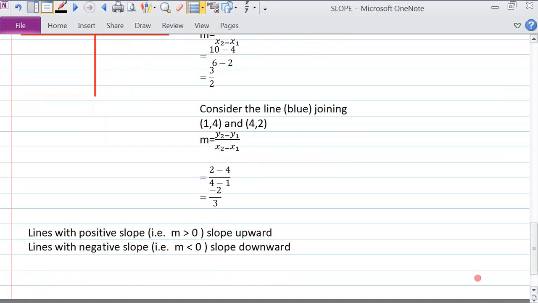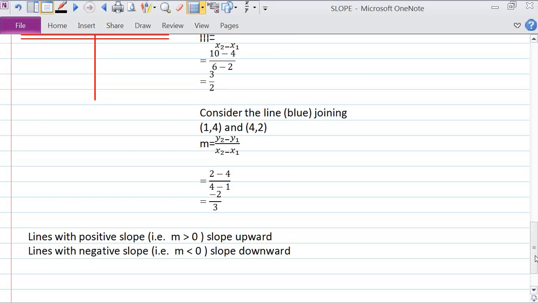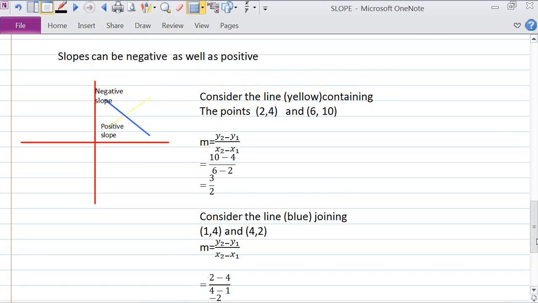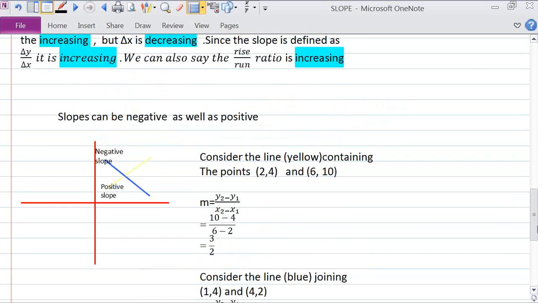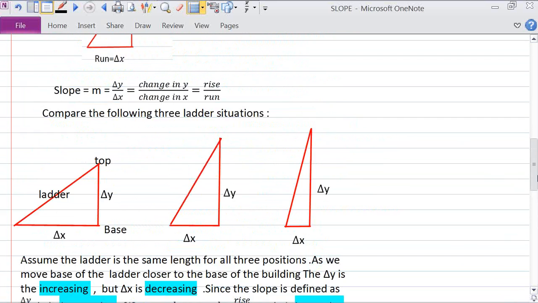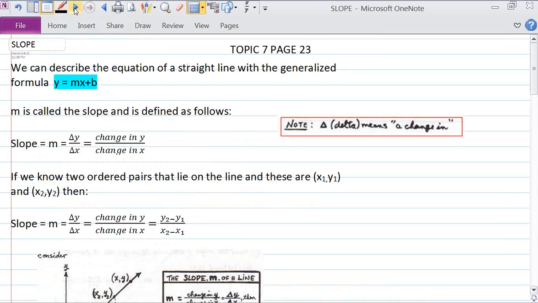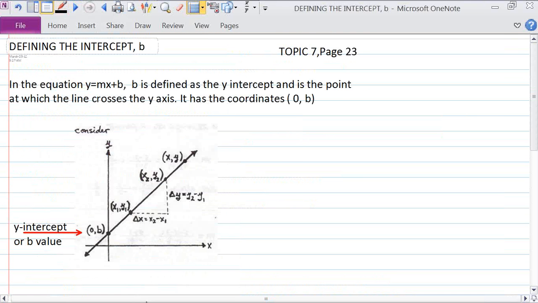Lines with a positive slope slope upward, whereas this is a negative slope and it's sloping downward. So that's a little bit of information on the characteristics of slopes and how we calculate them. So we go to the next page.